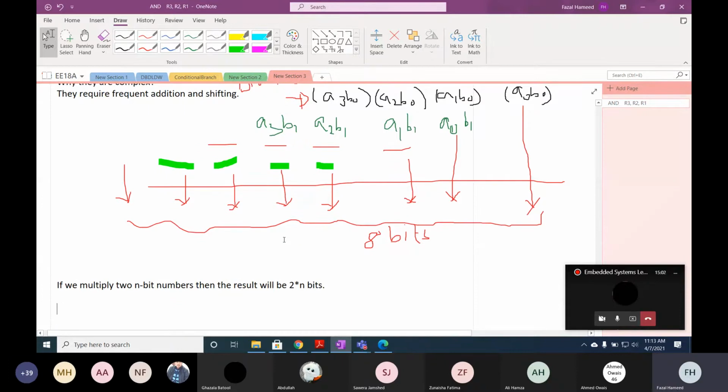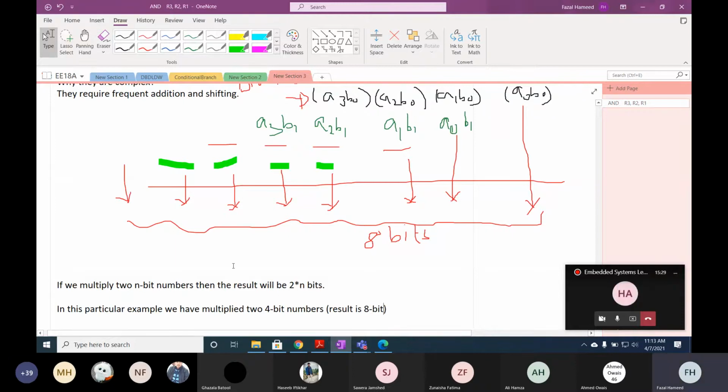So in this particular example, how many bits have we multiplied? 4 bits. We have multiplied 4-bit numbers. That's the reason the result is 8 bits.